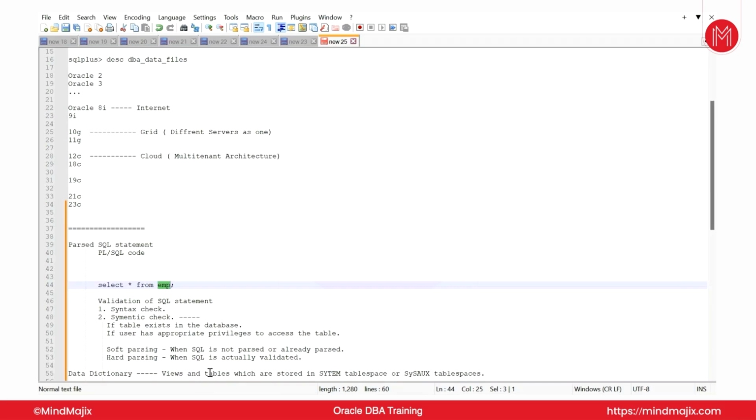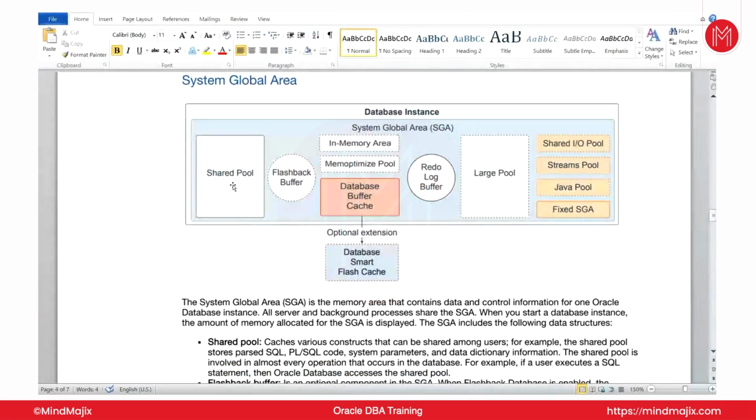And when the statement is parsed, these data dictionaries are read. The details are read from the data dictionary. And the shared pool stores the data dictionary. So when the database instance is started, it reads the dictionary from the data files and loads it into the shared pool.